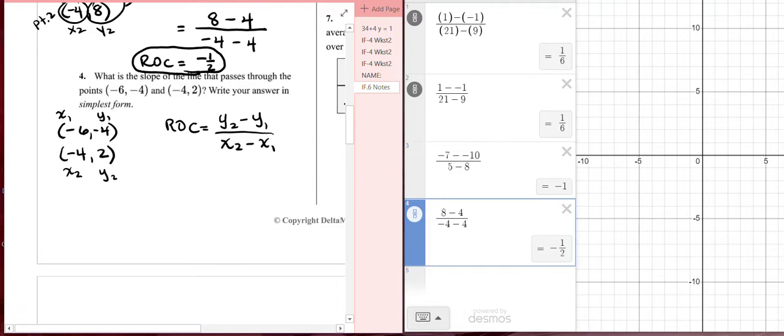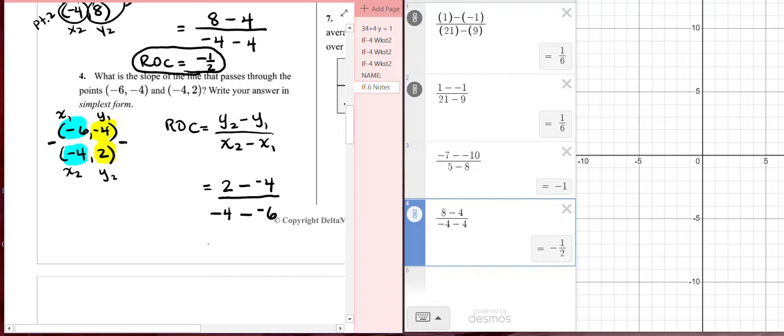So subtract the y, so in this case it's going to be 2 minus negative 4, right? So 2 minus negative 4 over negative 4 minus a negative 6. Remember? 2 minus a negative 4 over negative 4 minus a negative 6.